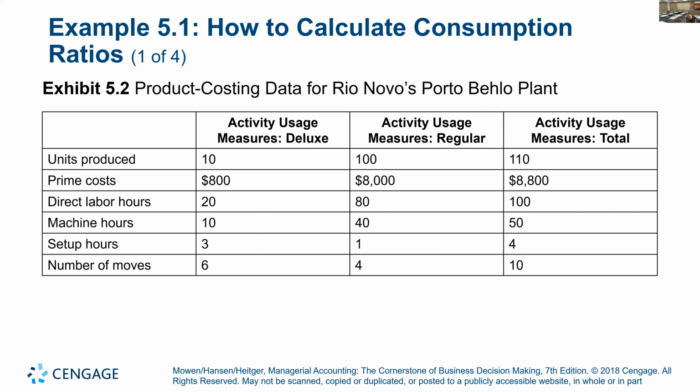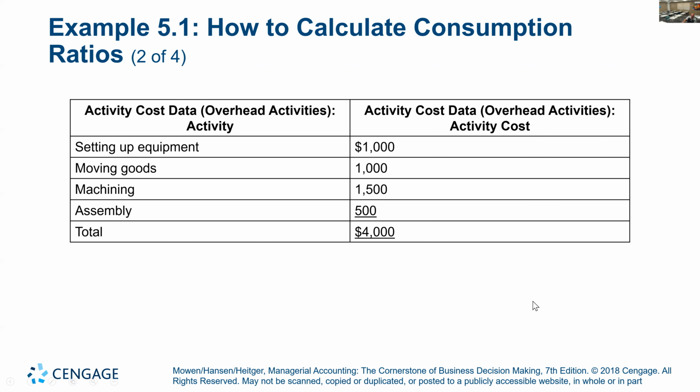For the machine hours, you see there's 50. The regular uses 40 of the 50 hours, or 80%, whereas 20% is used by the deluxe. So that is calculating your consumption ratios. That is determining how many activities you have, what their activity drivers are, and how they're being used in production.